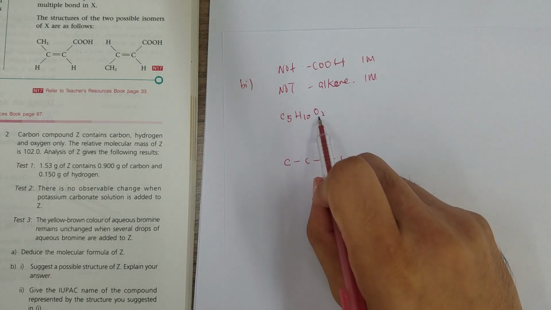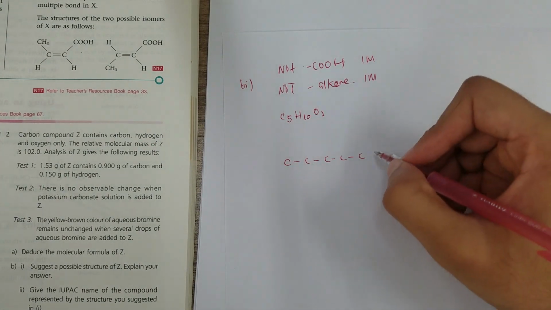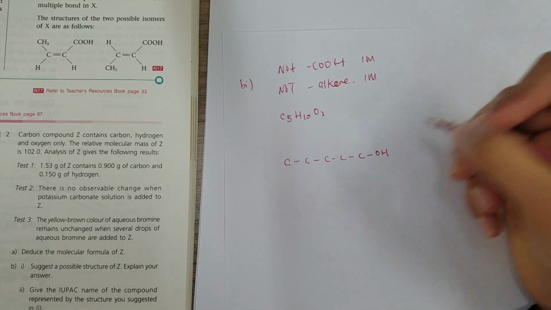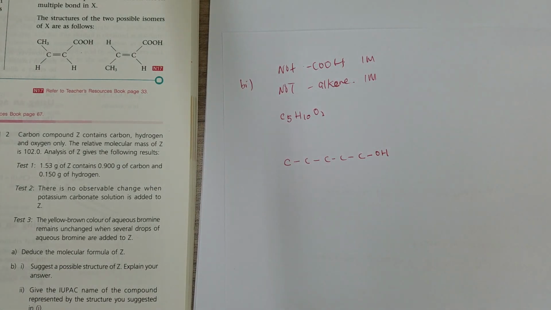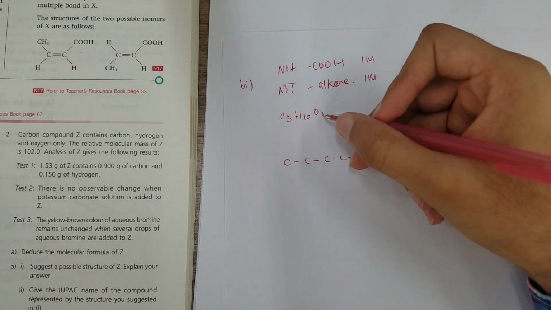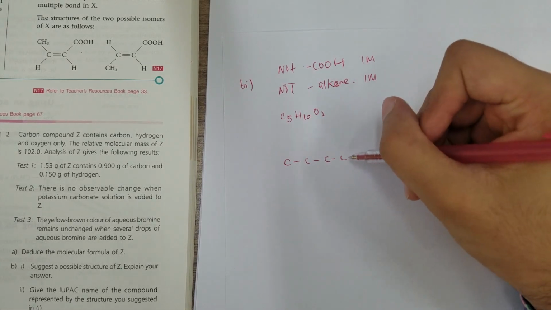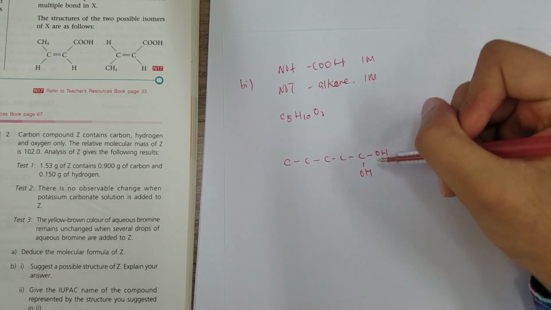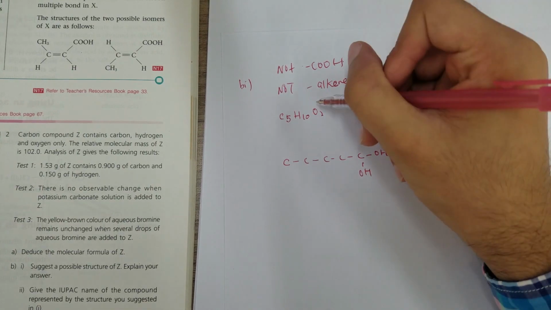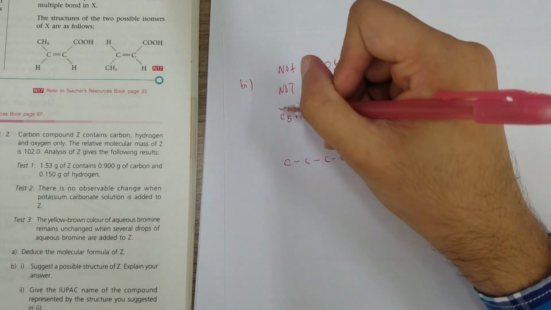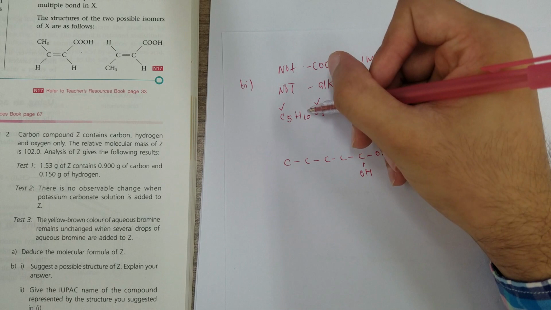So we have to use up 2 oxygens. So one, I will treat it as, let's say, OH. And the other one, if you think that, okay, why not another OH? So let's try that as well. So another OH over here. So we have O is checked. 5 carbons checked. Now we have to check if there are 10 hydrogens.